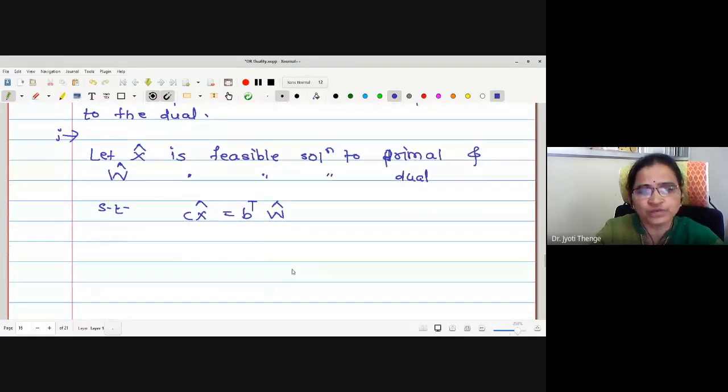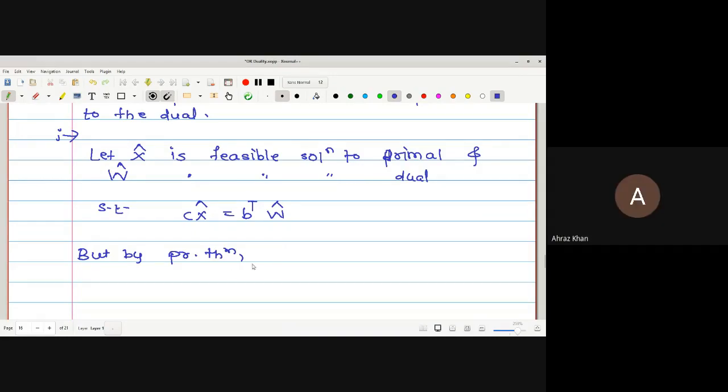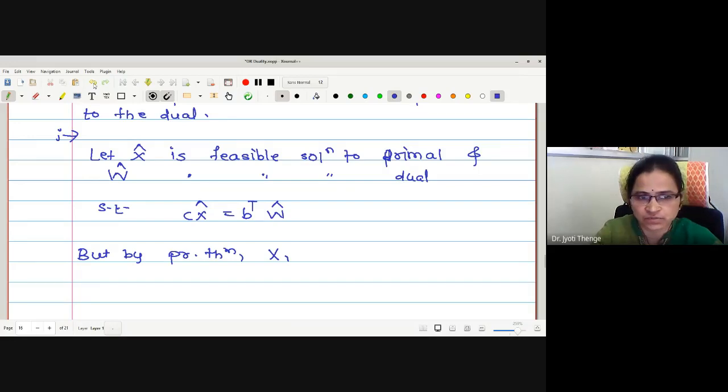But what have we proved in the previous theorem? Cx is less than or equal to B transpose W.